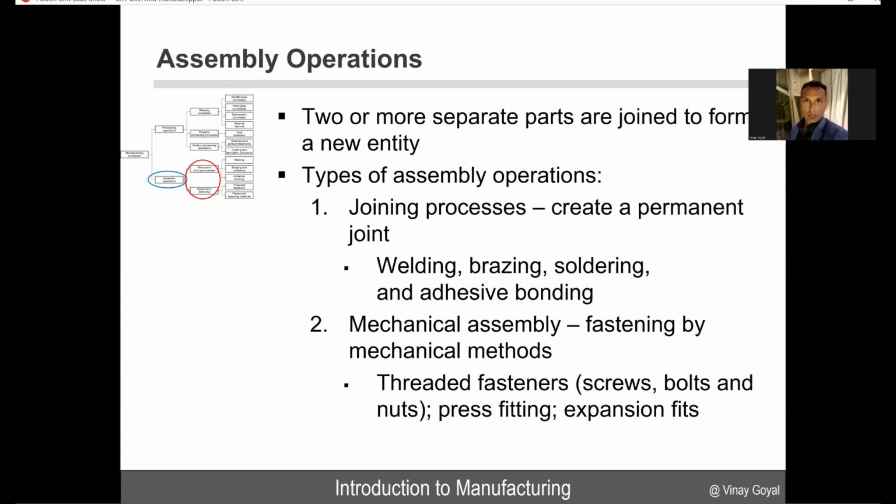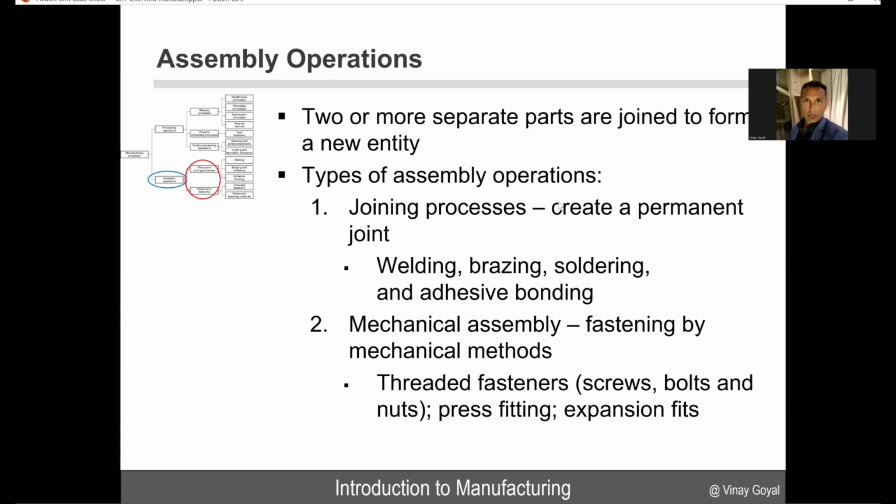In these two types of assembly operation, it's very important to understand that even though I'm providing these examples, there is research going on today to figure out a way to disintegrate an adhesive that has been previously cured so the parts can be rejoined again.